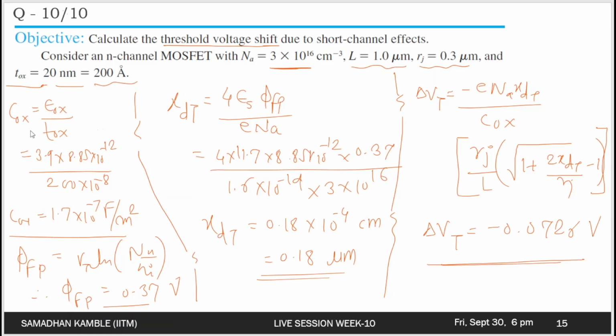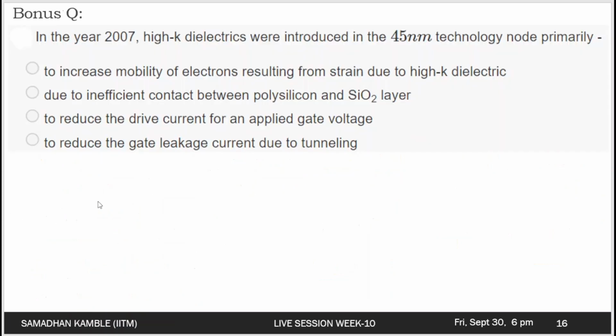And as we have a few minutes, I'll just go to the bonus question and then I'll end. So the question is as follows. In the year 2007, we saw that high-k dielectrics were introduced in the 45 nanometer technology, and what was the primary reason for this?